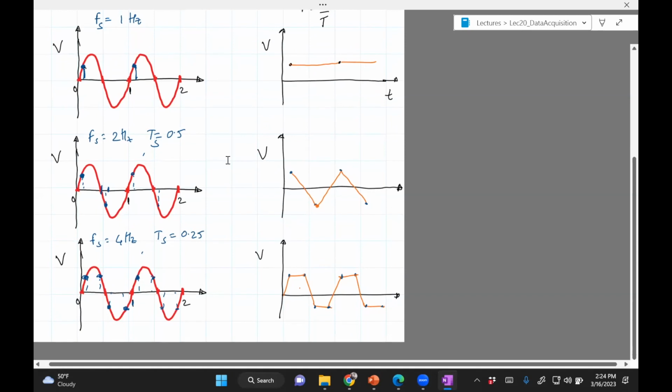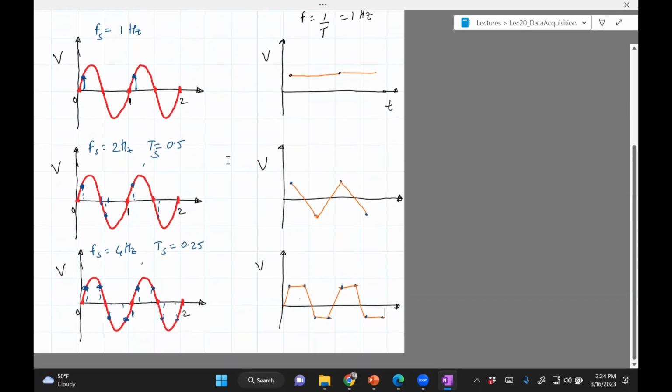When we sample it at 1 hertz, then the reproduction says there's no frequency content. The reconstruction is saying that this signal is a constant, there's no frequency in it.